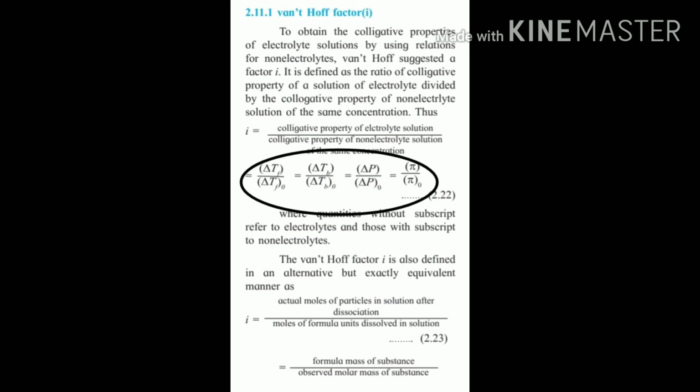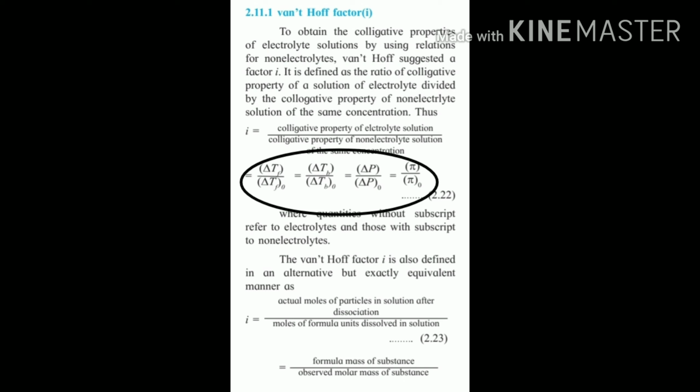Now delta TF is what? That is depression in freezing point. Okay, so the ones which are in numerator, they are going to be for the electrolyte solutions, and the ones with subscript naught, they are going to be the colligative properties of non-electrolyte. The first one is depression in freezing point, that is delta TF.